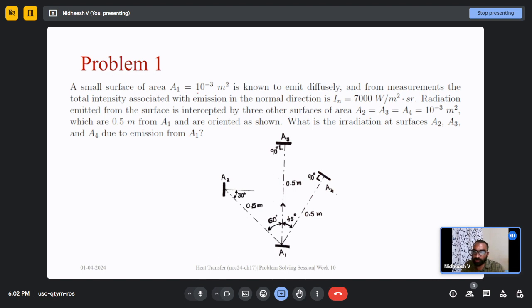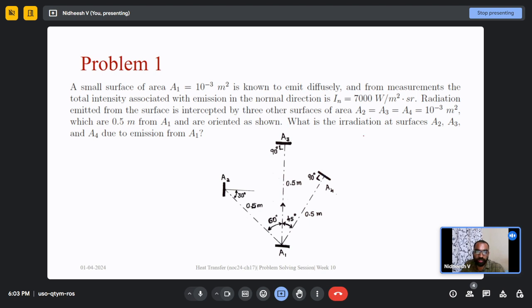Radiation emitted from the surface is intercepted by 3 other surfaces of area A2 equal to A3 equal to A4 equal to 10 power minus 3 meter square, which are 0.5 meters from A1 and are oriented as shown in the figure.